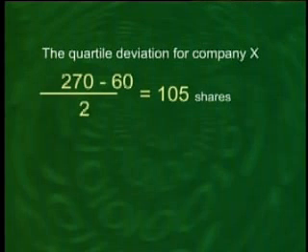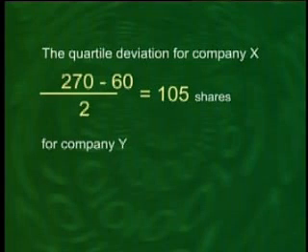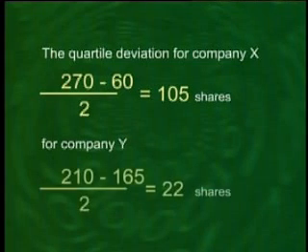The quartile deviation for company X, therefore, comes out to be 270 minus 60 over 2, and that is equal to 105 shares. On the other hand, for company Y, it is equal to only 22 shares.